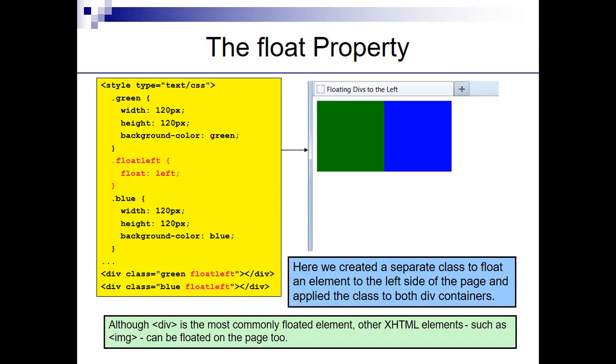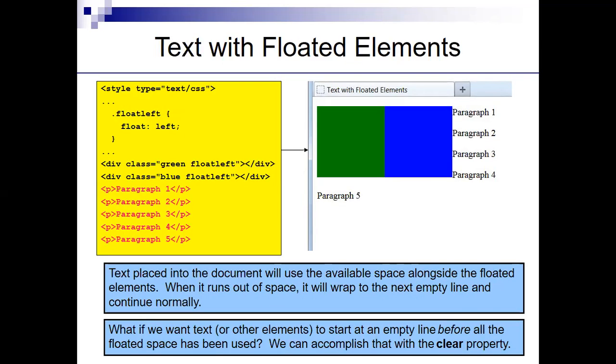Take note of that. So again, not only can we have the float property affecting, for example, the images or the boxes, but we can as well use the float property to affect various elements, such as the paragraph. So you just need to specify the various div elements.